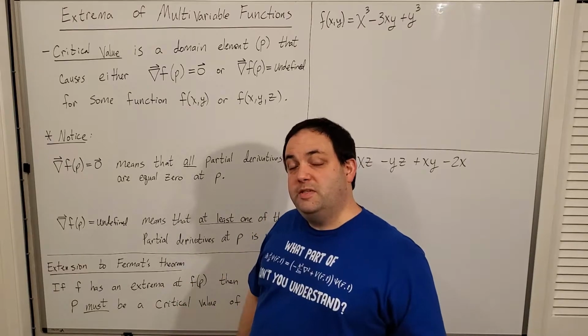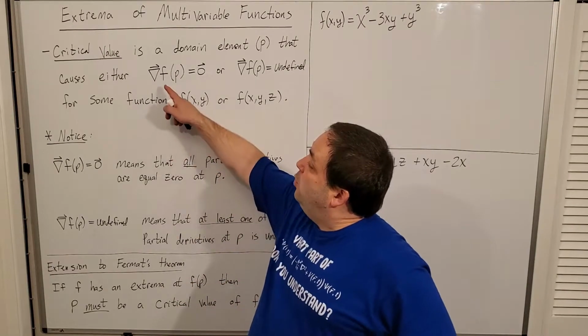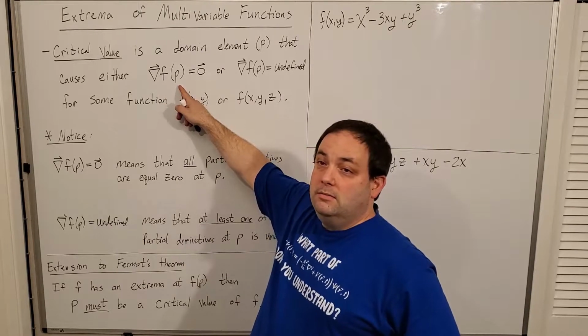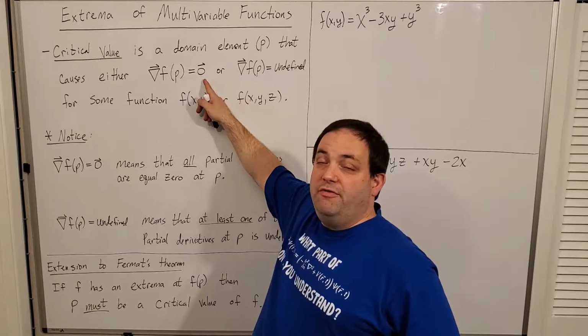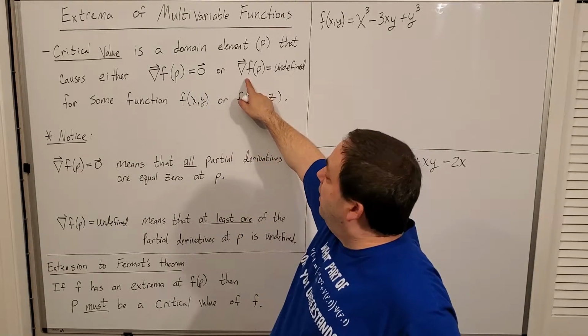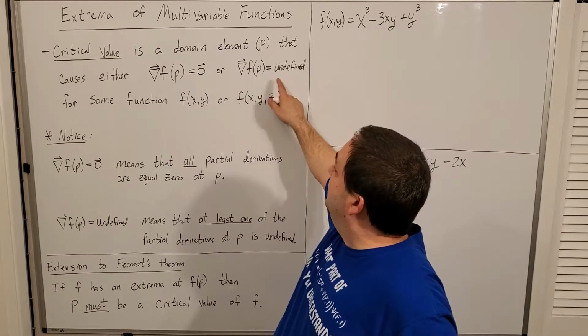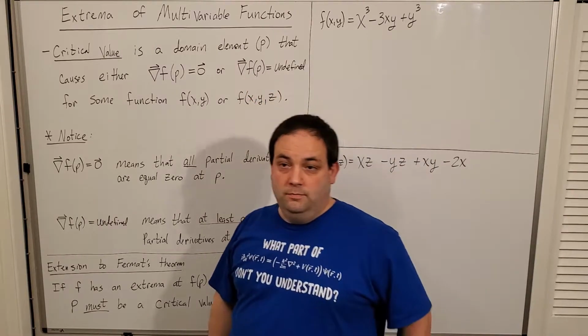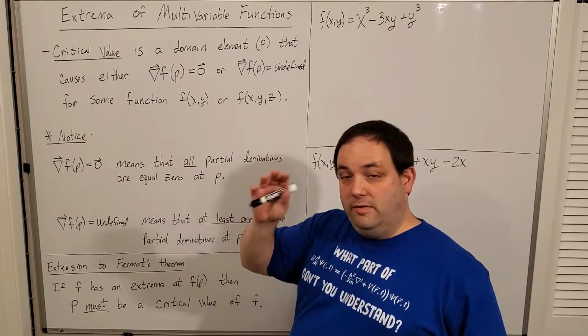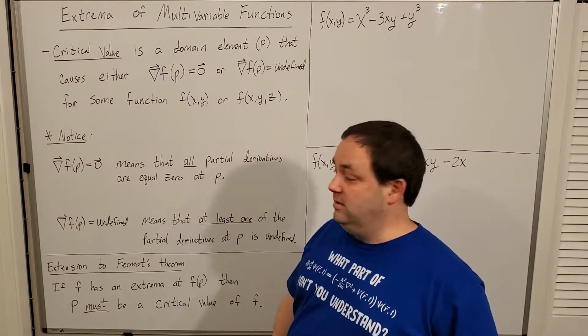But we need to be more specific now. It's anywhere the gradient at the point gives a 0 vector, or anywhere the gradient at the point is completely undefined, okay? Now that has two separate intentional meanings here.